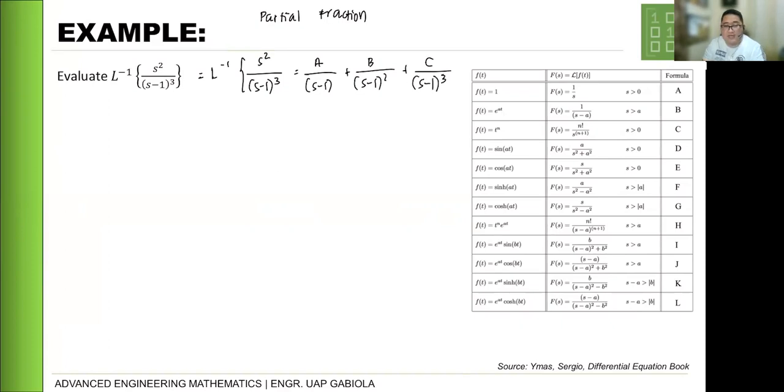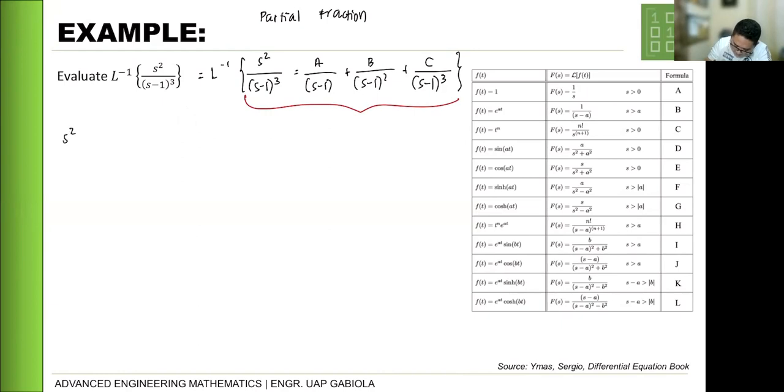So may different cases yan depende do sa form ng mismong equation mo. So better check yung discussion ko for partial fraction. Okay? So let us first consider muna itong nasa loob before we continue. So s squared, lagay natin dito.